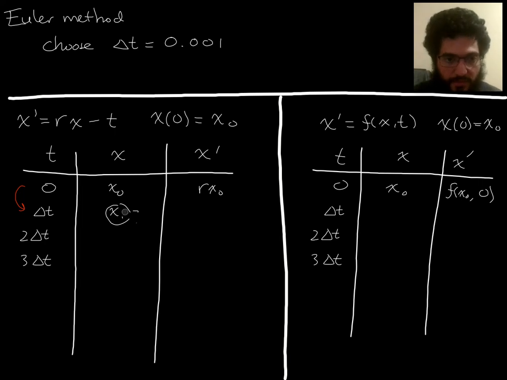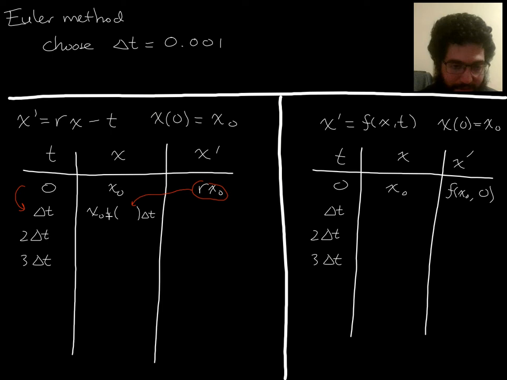So then here, I can fill in what is the new x. It is the old x plus the instantaneous rate of change of x at the previous time, times the time step. So what I'm going to put here is whatever I had here. So this thing, I'm going to put there. So this is my approximation. This is my sort of x1. Let's call this x1 actually, to make things a little bit easier.